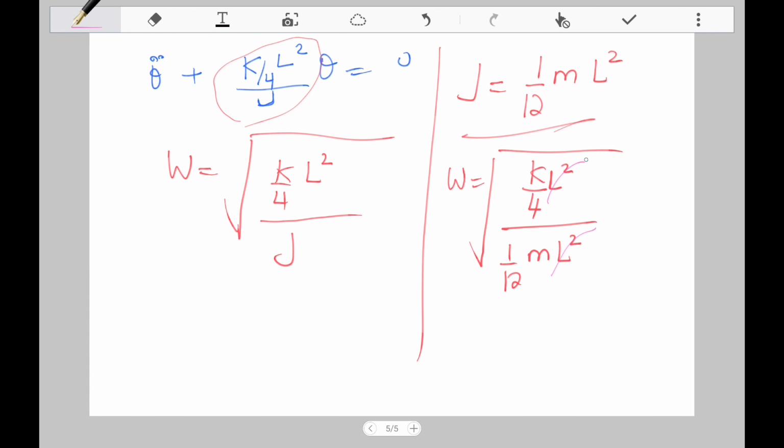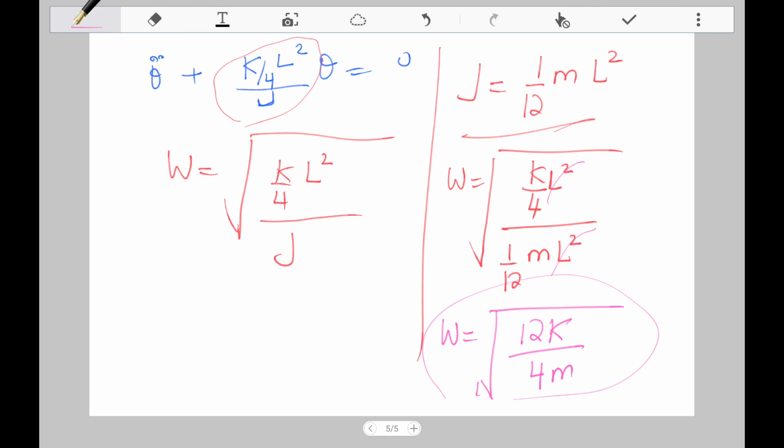The L squared will cancel, and you'll basically get 12k over 4m. That's your natural frequency. So you found your natural frequency, and that's pretty much what we were asked for. Just a quick note: you can sub in your values, whatever the mass is and whatever your k value is.